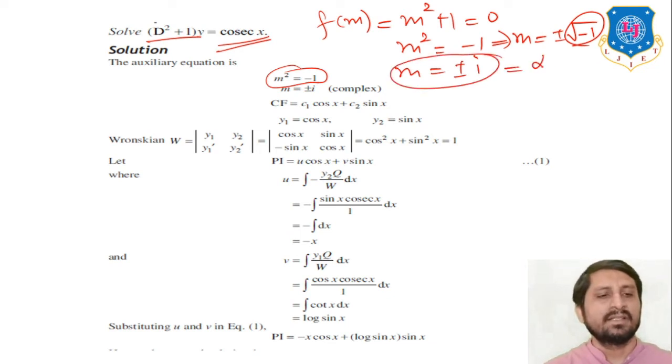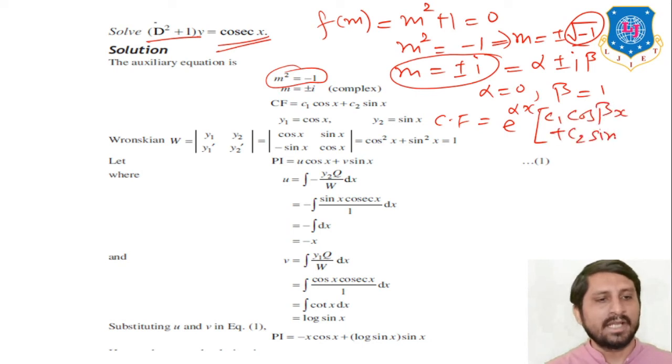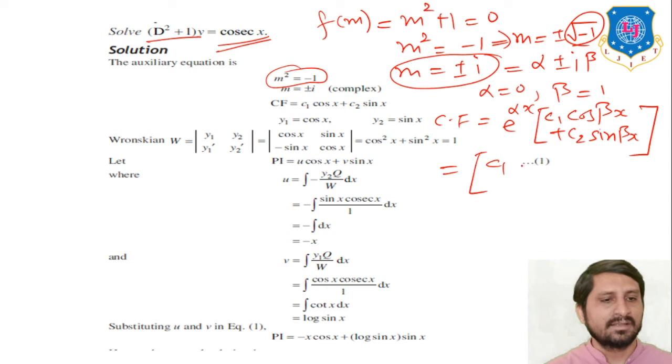When we compare this with alpha plus or minus i beta, alpha is 0 and beta is 1. The complementary function is e raised to alpha x into c1 cos beta x plus c2 sin beta x. When we put these two values, e raised to 0 into x is 1, so c1 cos x plus c2 sin x.